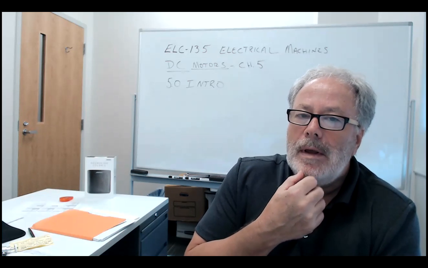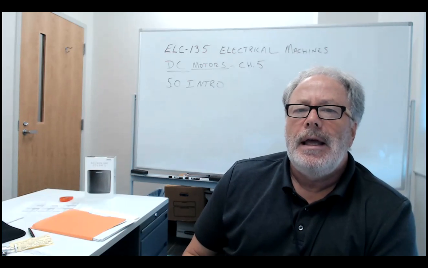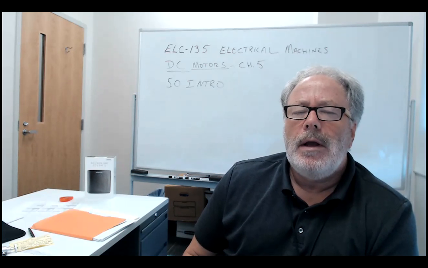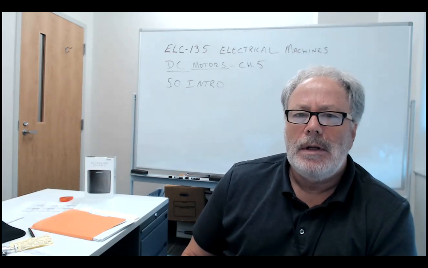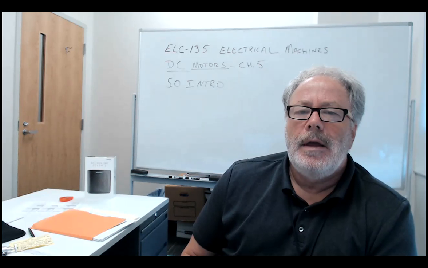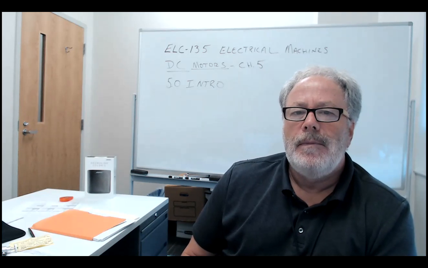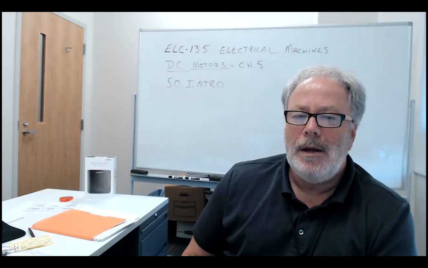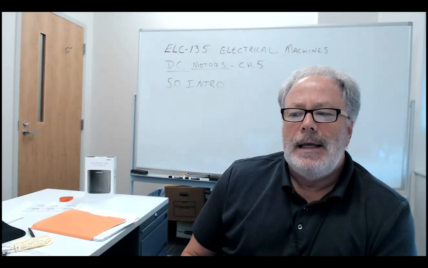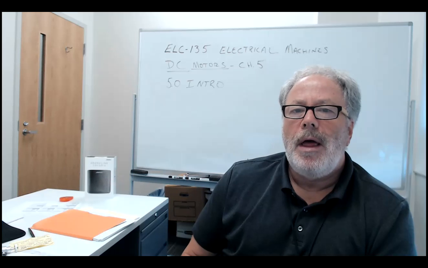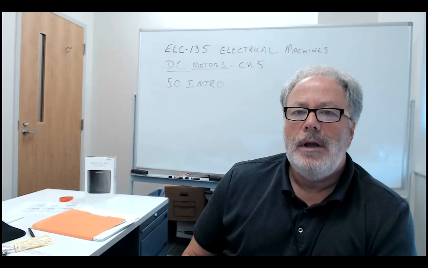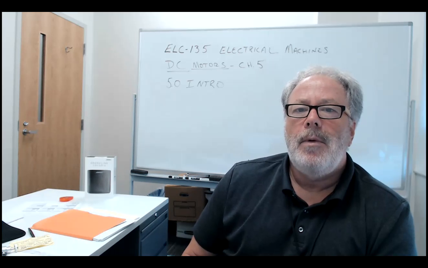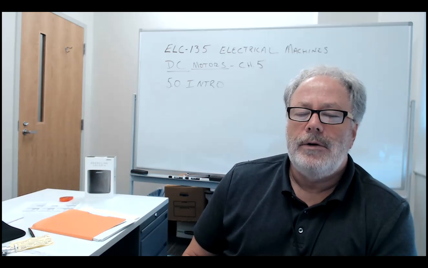But the beauty of this chapter is that same machine that we were looking at in chapter 4, that we called a DC generator, is built the same way. So all we're doing is taking this DC machine that in chapter 4 we were supplying mechanical energy to, and we were outputting electrical energy.